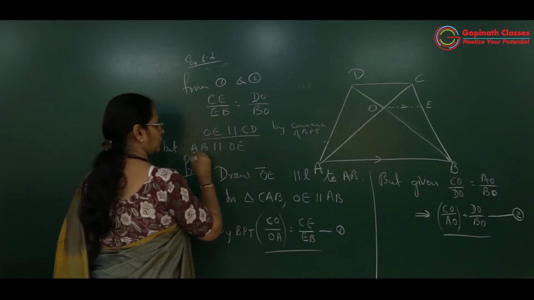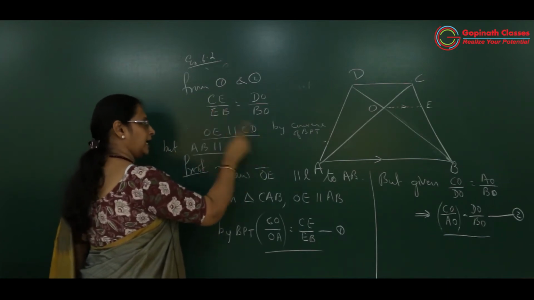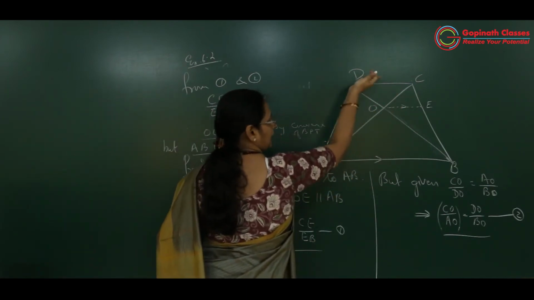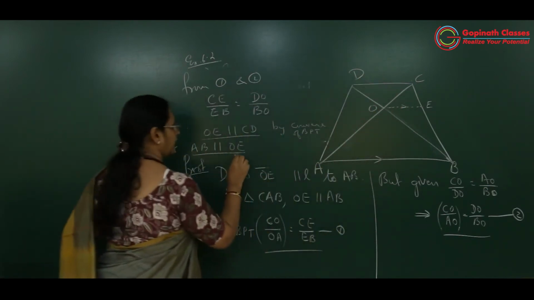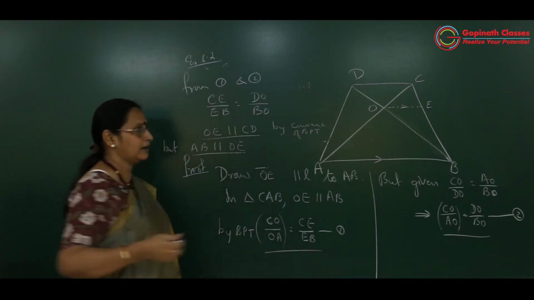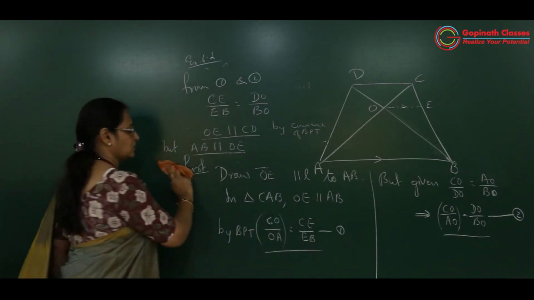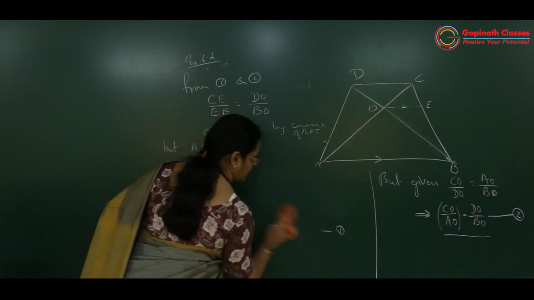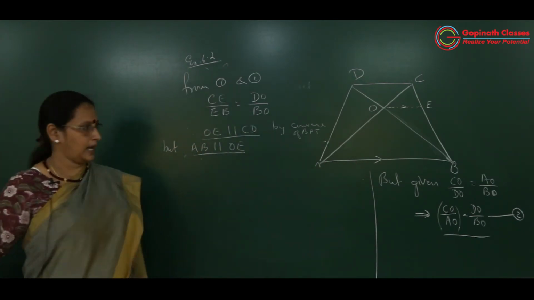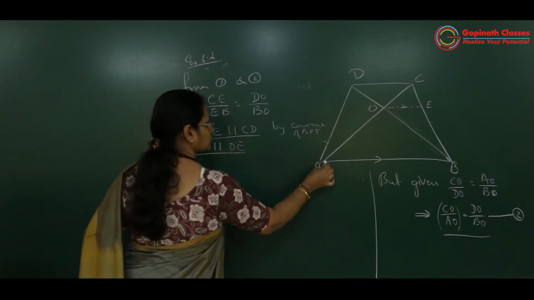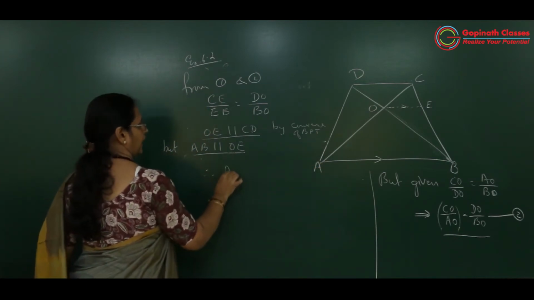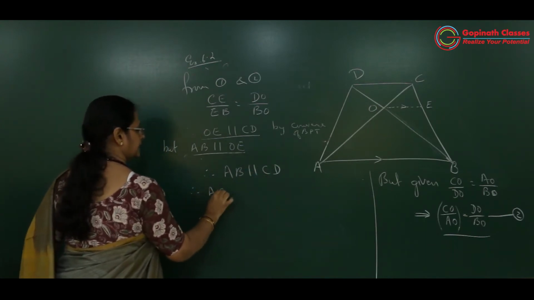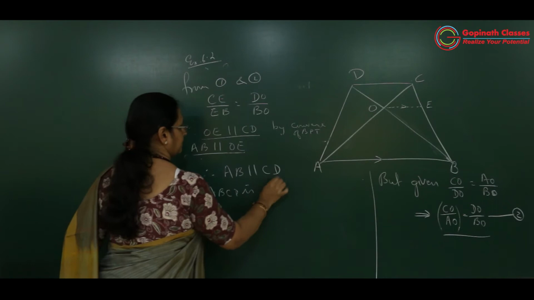Now look: OE is parallel to CD, and AB is parallel to OE. This is parallel to that, and this is parallel to that, so these two are parallel. Therefore, AB will be parallel to CD. If AB is parallel to CD, it's a trapezium. Therefore, AB is parallel to CD, and therefore ABCD is a trapezium.